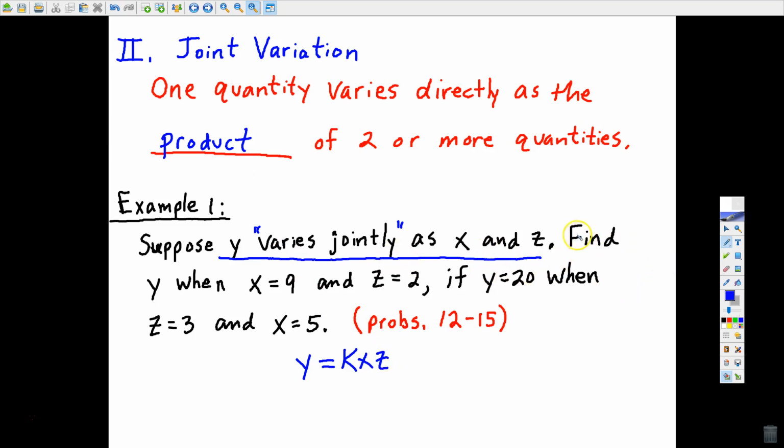Okay. The second sentence says find y when x is 9 and z is 2, but look at here. If y is 20 when z is 3 and x is 5. Do you notice how they gave you the values for y, x, and z? They gave you values for everything except for k, so that should be a clue.